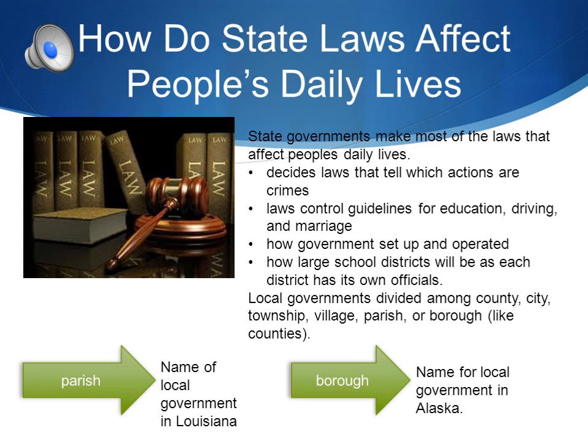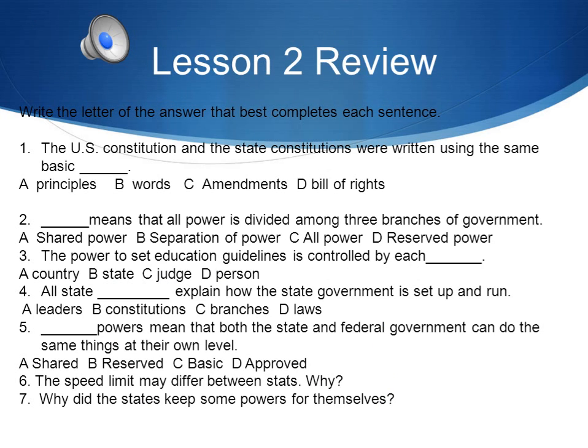They are like counties, but we don't hear parish too much in California because it's a local government in Louisiana, and the term borough also is a local government in Alaska. So if you ever hear those terms, it means a smaller kind of local government. To the best of your ability, go ahead and answer the following 7 questions.